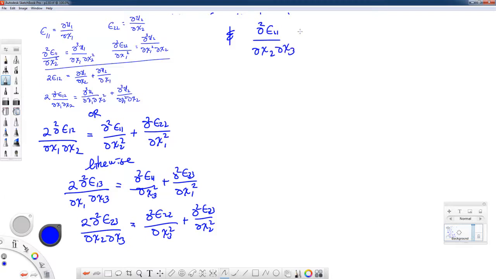The second partial derivative of epsilon 1,1 with respect to x2 and x3, plus second partial derivative of epsilon 2,3 with respect to x1 twice, is equal to second partial derivative of epsilon 1,3 with respect to x1 and x2, plus second partial derivative of epsilon 1,2 with respect to x1 and x3.